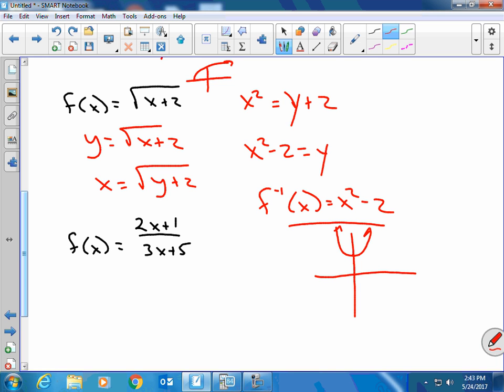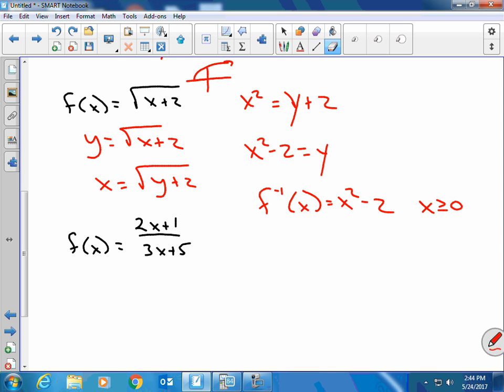Well, this up here isn't the entire quadratic. It's just this part over here, switching the x and the y. So technically, I need to say this is restricted to x is greater than 0. Why? Because when we squared, we generated a half of a graph that wasn't there before in the inverse.